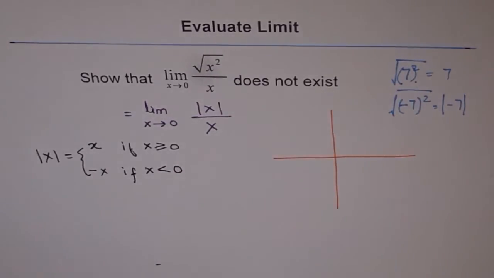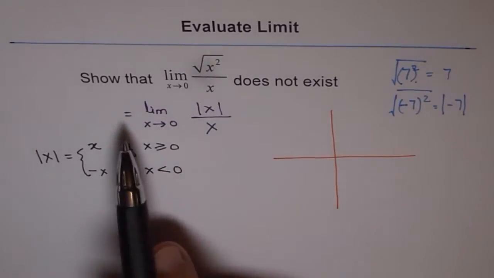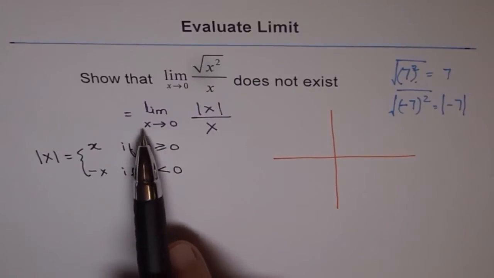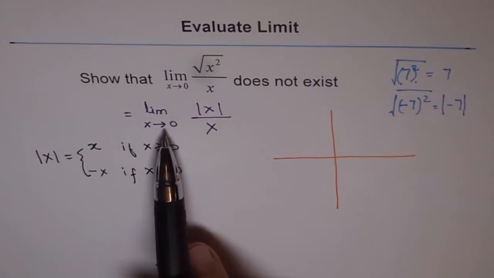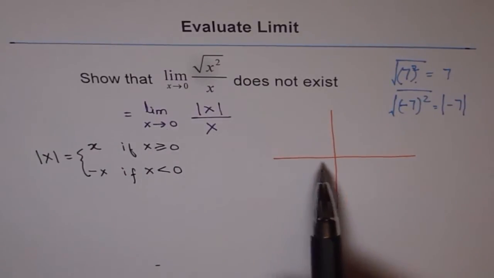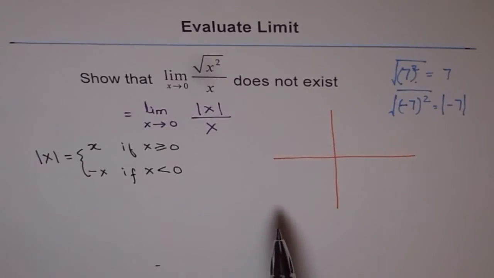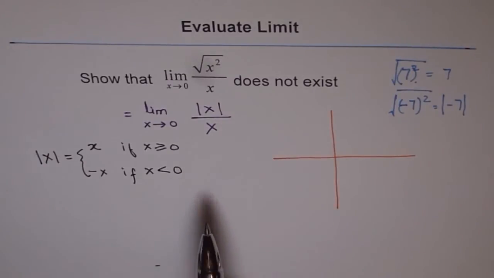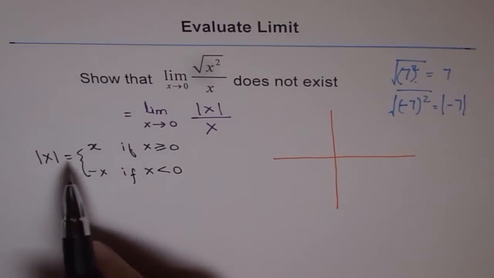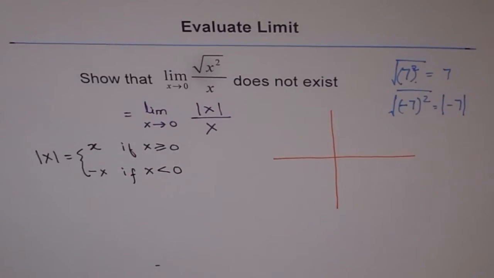Correct? Therefore, we can define this limit because approaching 0 means we are approaching 0 from both sides, from the negative side and from the positive side. If the limit has to exist, it has to be the same from both the sides. Correct? That's how it is going to be. So that is the definition of absolute x.